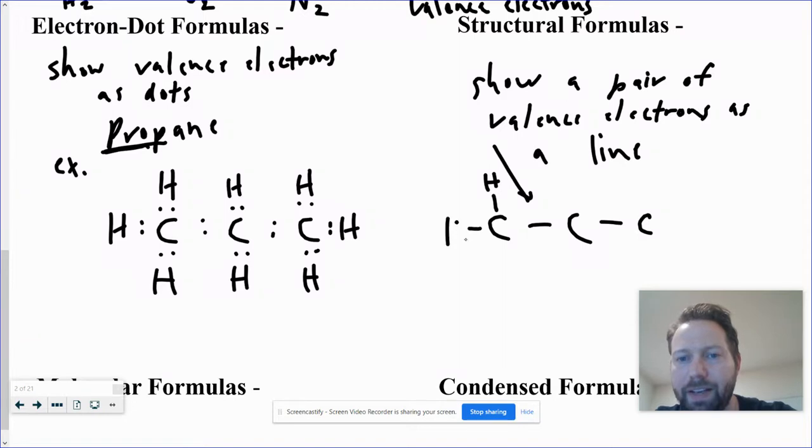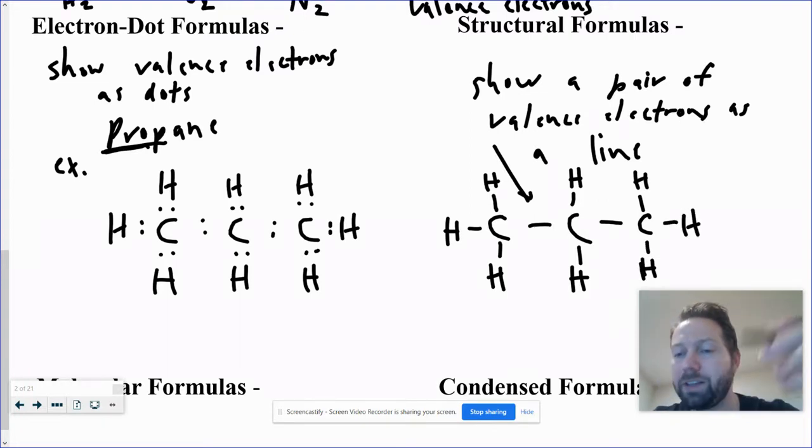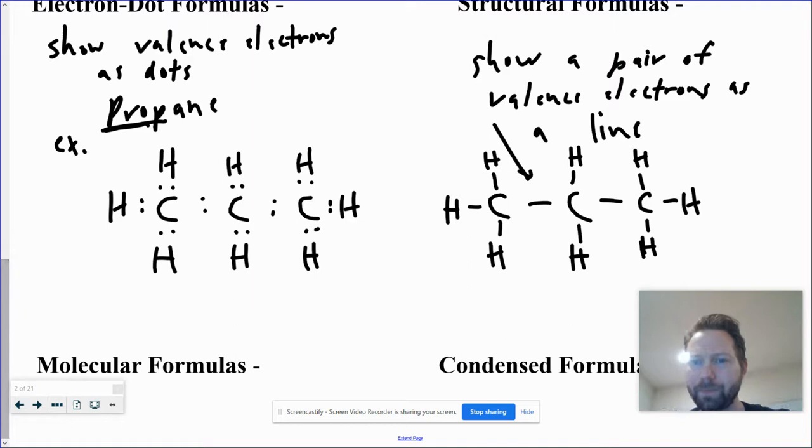And then again, each pair is going to be represented as a line. When you look at a line on a structural formula, you want to remember that that line represents a sharing or covalent bond between two valence electrons. And that's how we draw the structural formula.